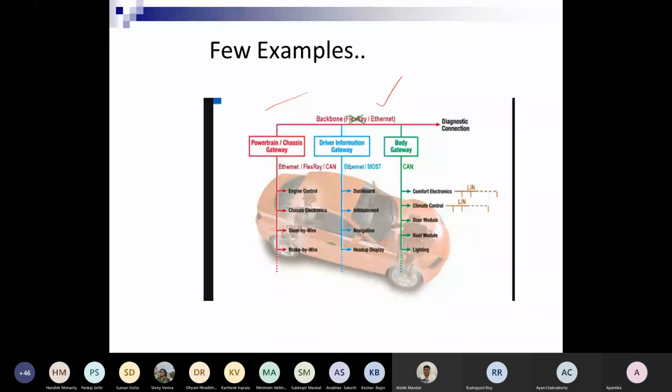Otherwise, this FlexRay and CAN communication strategy is a very prominent one in present automobile, in different CPS scenarios. Here you can see powertrain and gateway communication, body gateway communication. In all these cases, this CAN communication is very important.